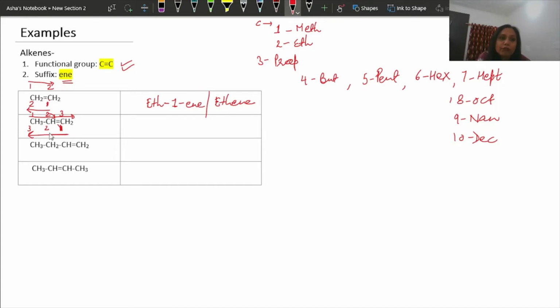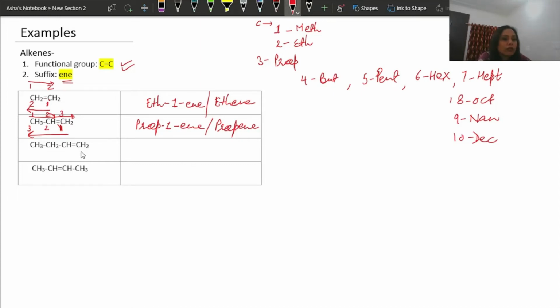So total number of carbon atoms is 3, so you write prop. With position 1 the double bond is coming, so we write ene, or simply, because we do not mention the 1 as a prefix, we write propene.